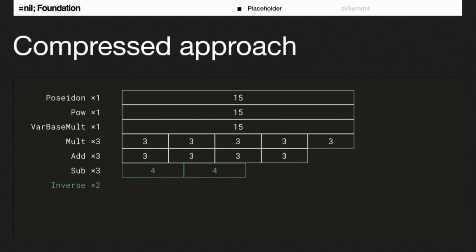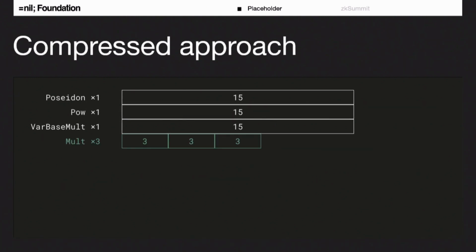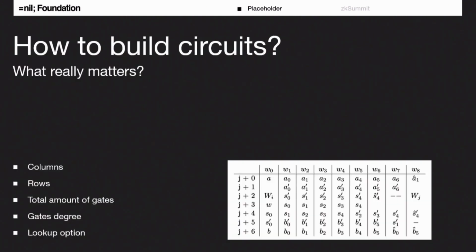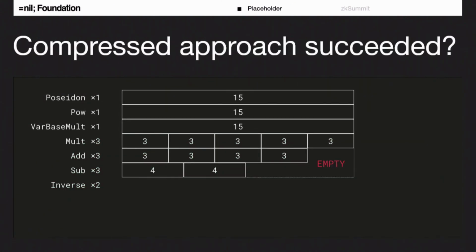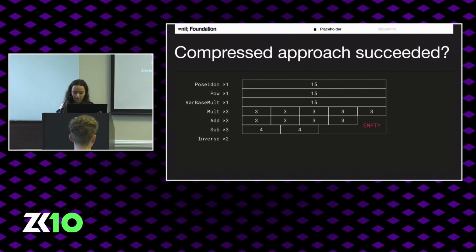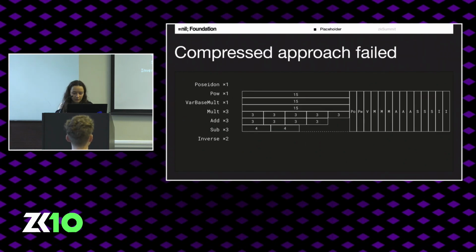So the compressed approach would look like that. It doesn't have so many empty spaces. It's a normal thing to have some inside our circuits, because here is the best circuit for SHA, and it has empty spaces too. But all these small components automatically generate additional gates.